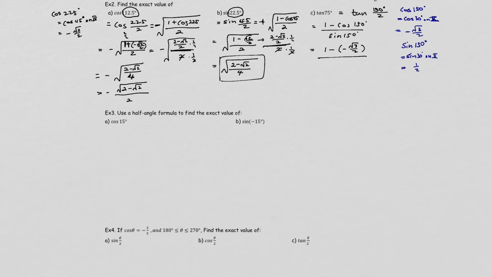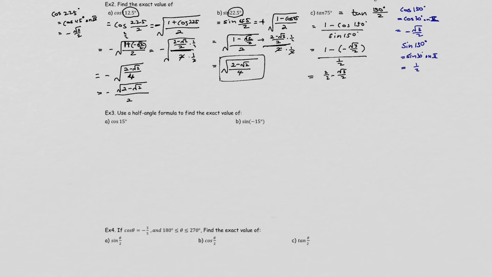Sine 150 degree was 1/2, right? This is same as adding. So 1 plus square root of 3 over 2 on the numerator, which is going to give you this being 2 over 2. Let's change that to 2 over 2.